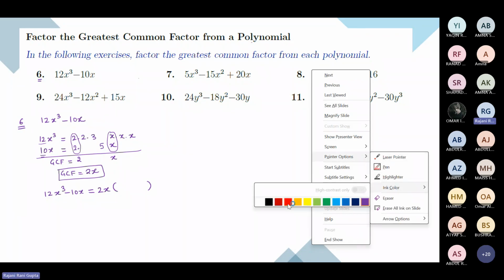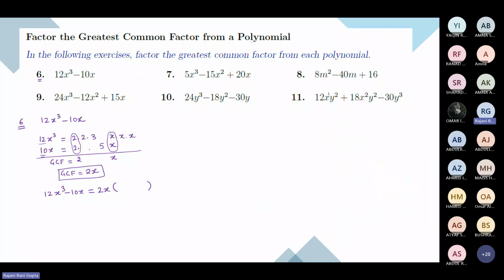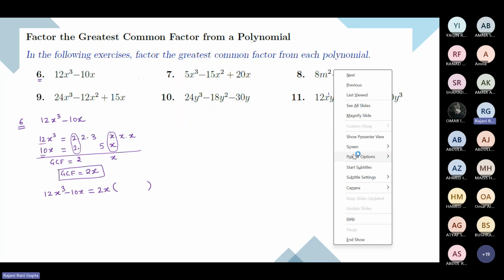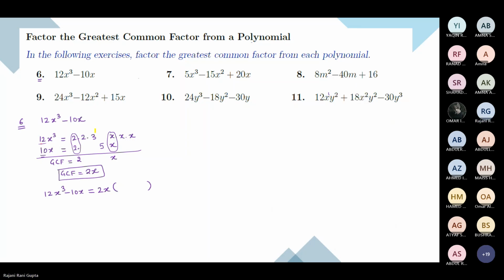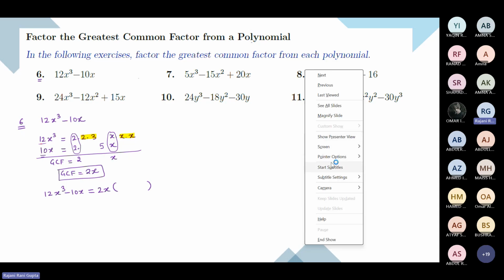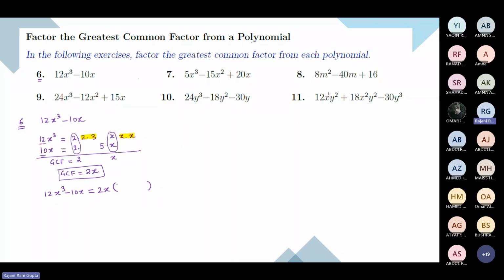To find that out, if 2 and x are gone from 12x cube, what are we left with? We are left with 2 multiply 3 and x multiply x. 2 multiply 3 is 6, and x power 2.